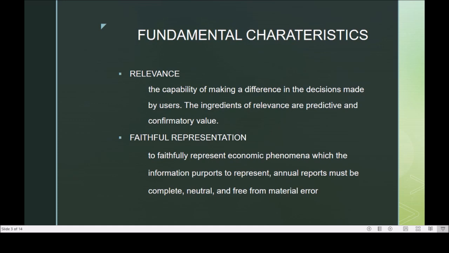Okay, pero what we need is for financial information to be faithfully represented, it must be free from material error. Pag sinabi pong material error, it will not affect very big the user of the financial statement.